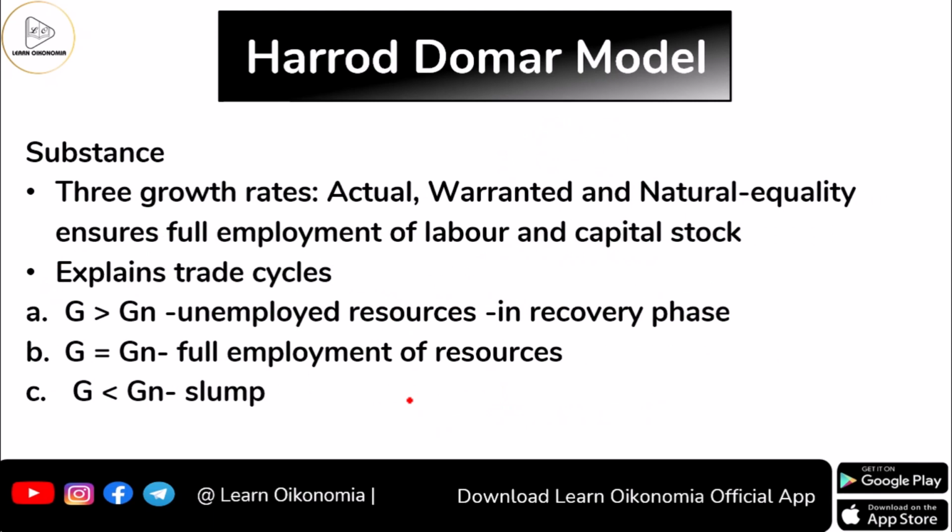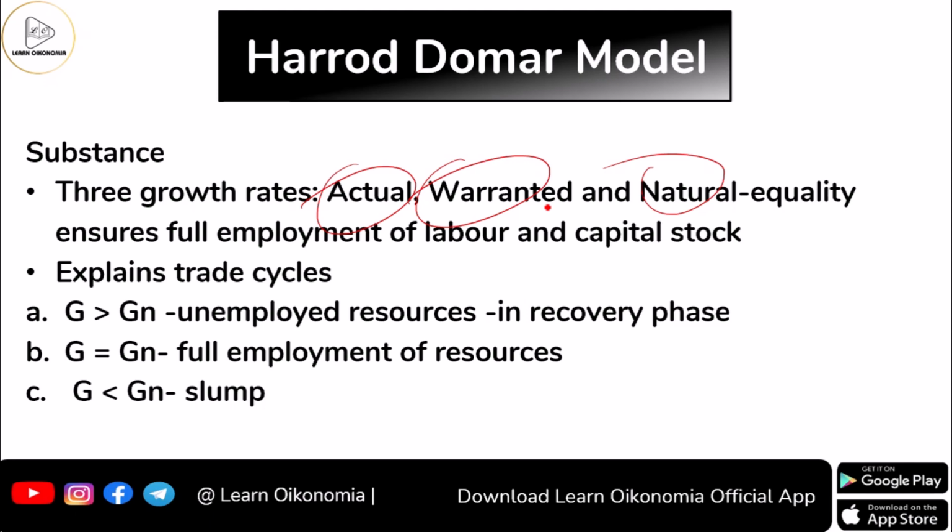The theory's substance again revolves around the three growth rates that we have in the economy as given by Harrod. So we are back to the discussion of actual growth rate, warranted growth rate and natural growth rate.